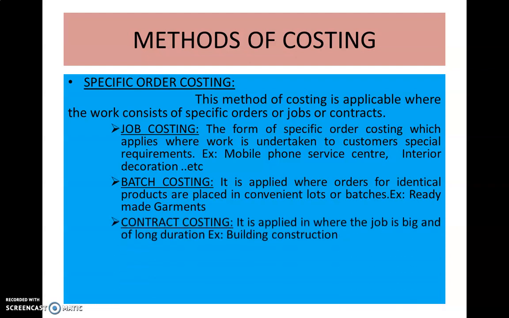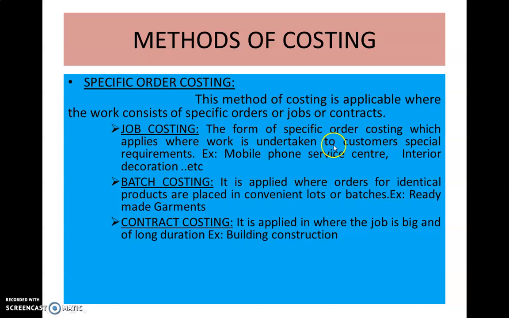Next type of costing is called contract costing. The method of contract costing is applied where the job is big and of longer duration. Contract costing and job costing, basically by nature, are the same, but the difference is that job costing is for smaller production of goods and services, whereas contract costing by nature is big, and the basic difference is time.